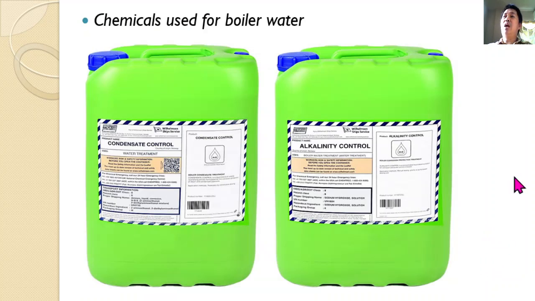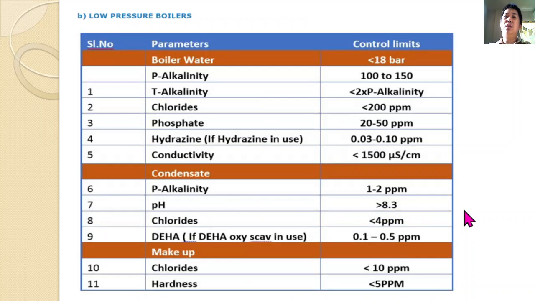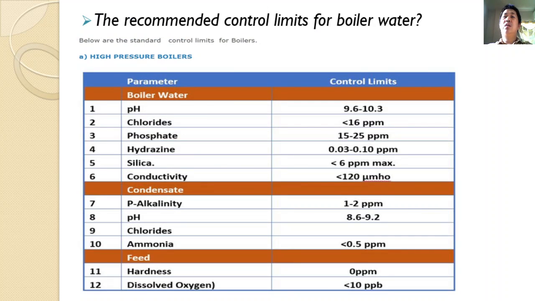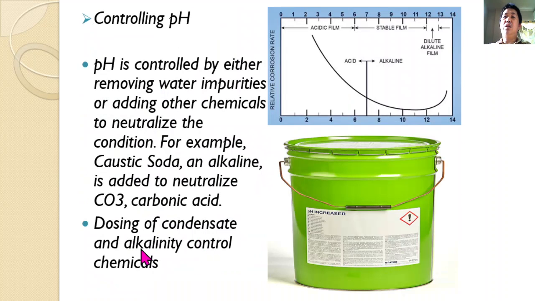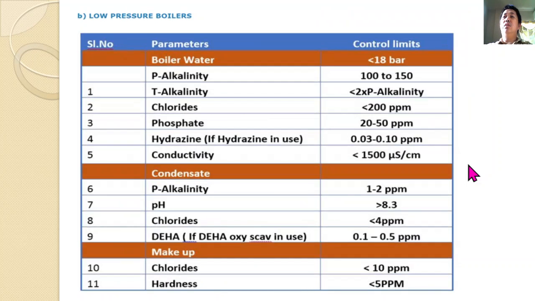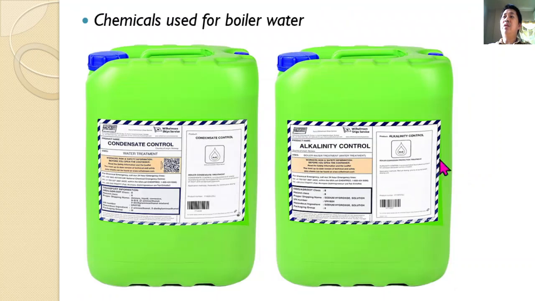So we have here chemicals used for the boiler water. So condensate control and alkalinity control. I mentioned this a while ago. So to control alkalinity and pH, alkalinity control chemicals are used to maintain the normal alkalinity.